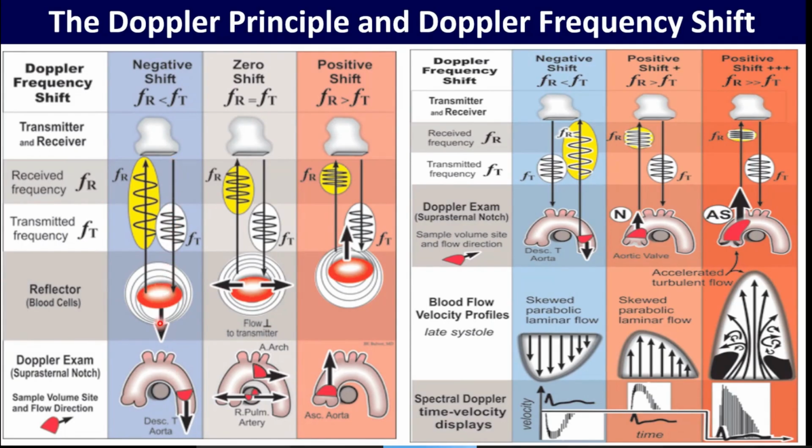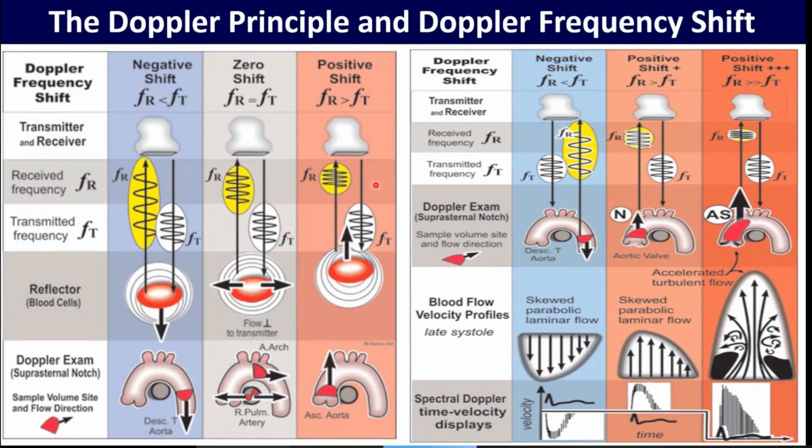If this is the transducer which is emitting the echo beams, as the blood is moving away from the probe, the received frequency will be much less, as compared to if you are measuring the blood here, where the blood is traveling towards the transducer.